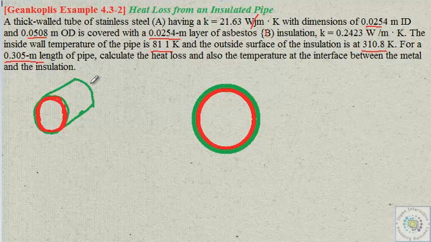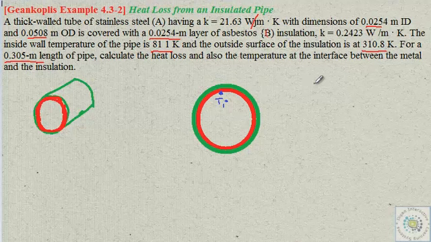Here, more or less, the red one is the steel and the green one is the insulation. In this case, heat transfer will flow from high temperature, since the fluid inside this pipe is quite hot. This point here, let's call that temperature T1, or Ti, the inner temperature, and that inner temperature is quite hot.